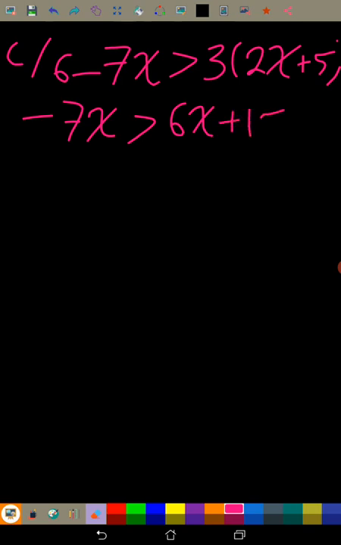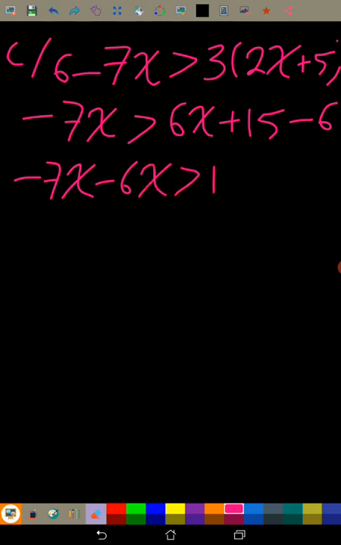Okay, I defactorize this and I will put the -6 already here, and I want to bring all the x's on the left, so I will have -6x is greater than that's going to be 9, so I'm just going to scratch this 9, and here we'll have -13, isn't it?